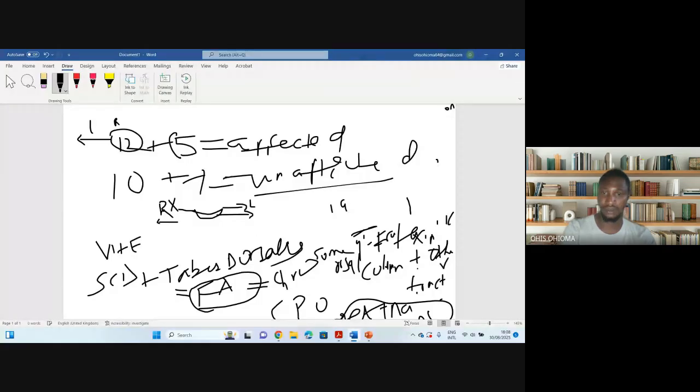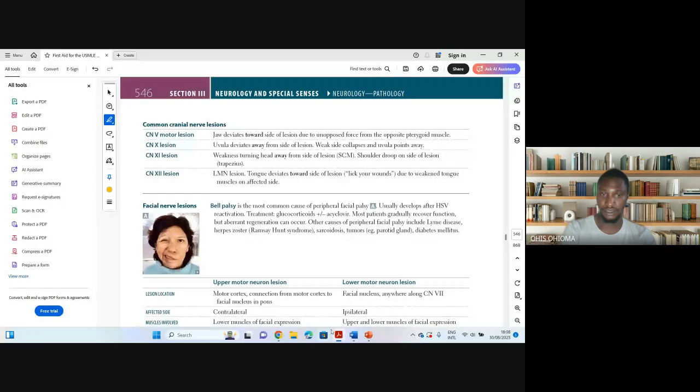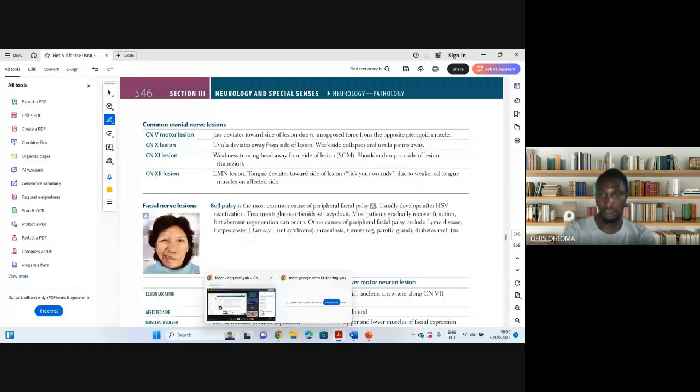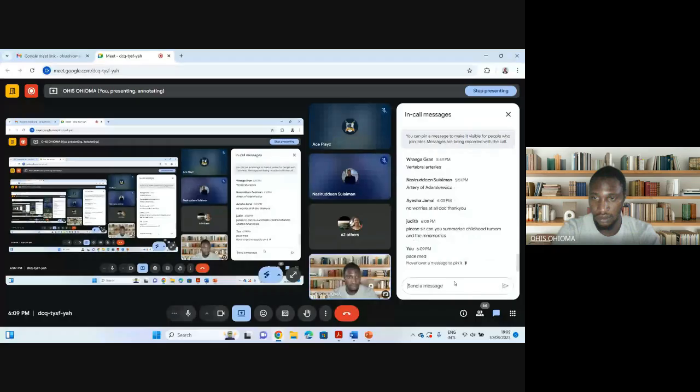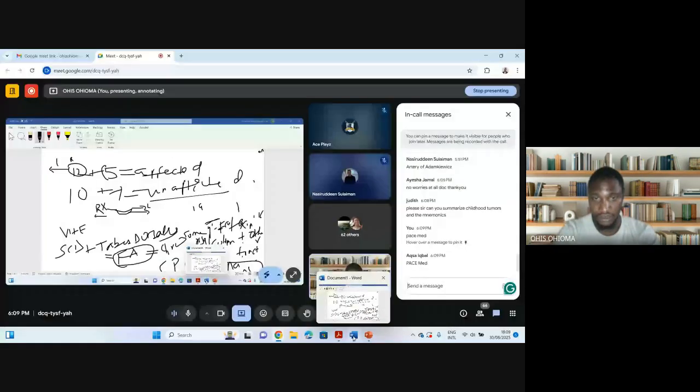That's what this diagram is explaining. The mnemonic for that is PACE-MED.